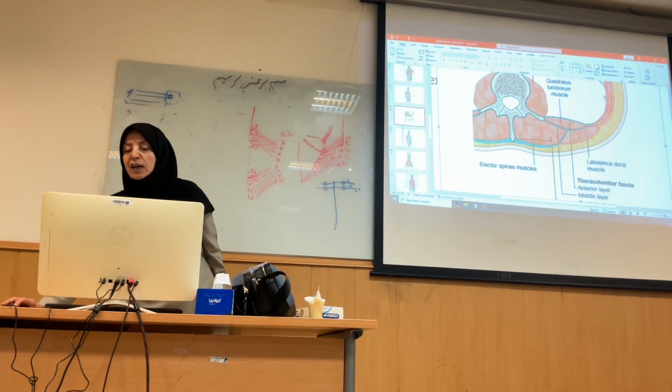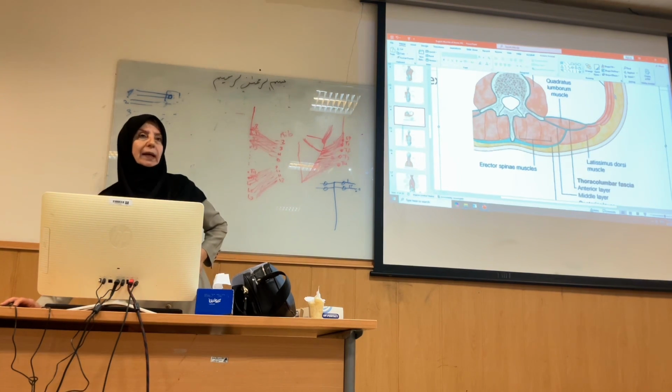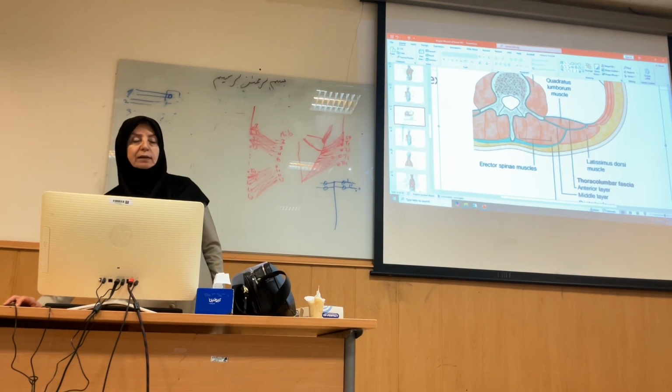They are the three layers of muscle in the abdomen. Look here. The transverse abdominis has some connection to the thoracolumbar fascia. The latissimus dorsi has some connection to the thoracolumbar fascia.